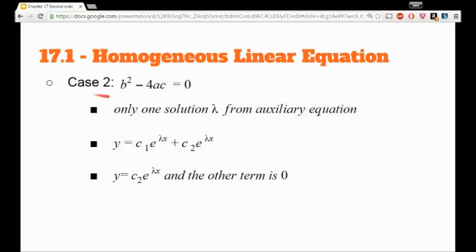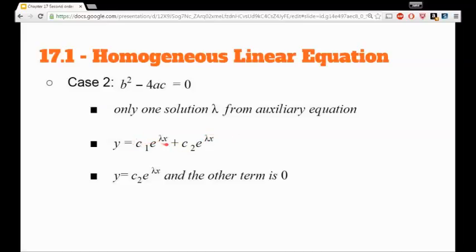And in case 2, we have b squared minus 4ac equal to 0, which means there will be only one solution of lambda from the auxiliary equation. So for the solution, we would have y equal to c1 e to the power of lambda x plus c2 e to the power of lambda x.